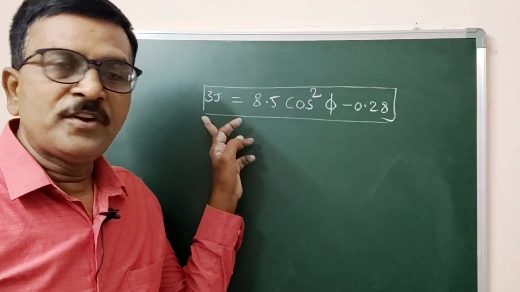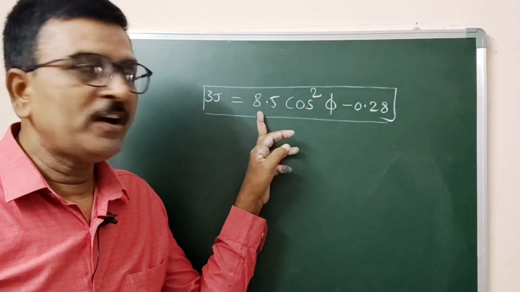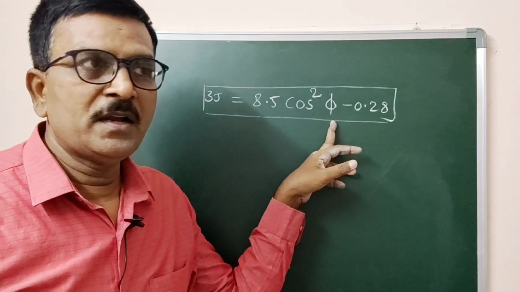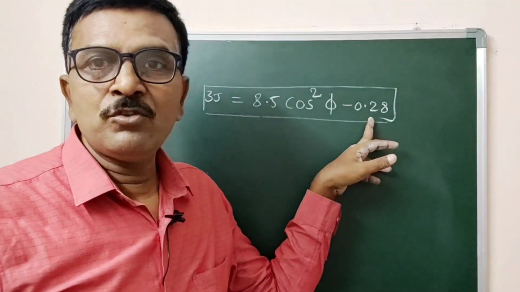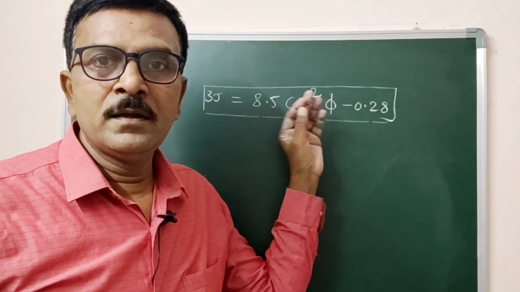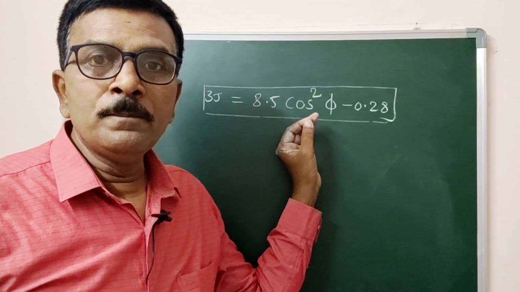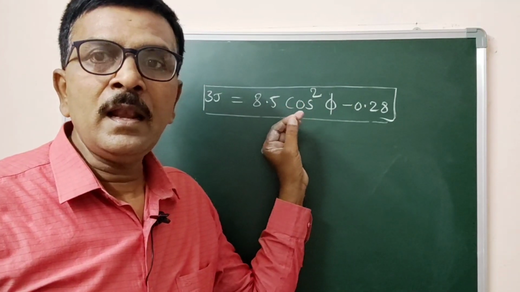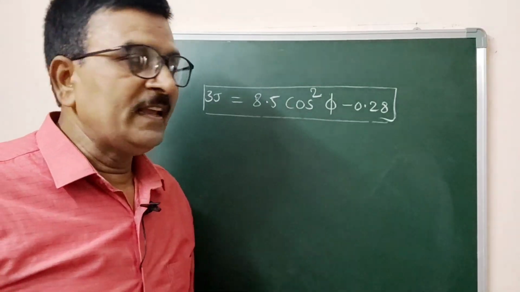The vicinal coupling constant is equal to 8.5 into cos square of the dihedral angle minus 0.28. This is used for the calculation when the dihedral angle is between 0 and 90 degrees.